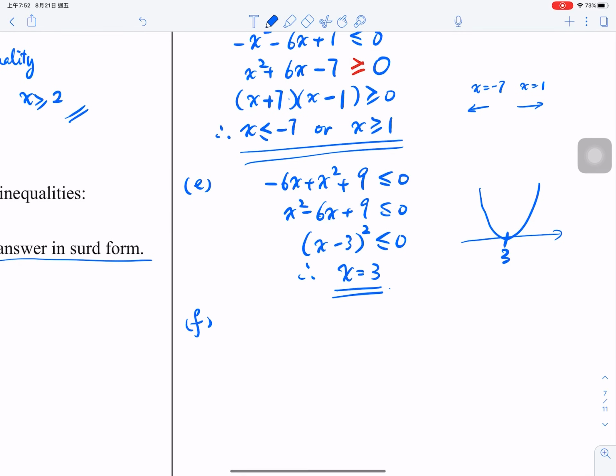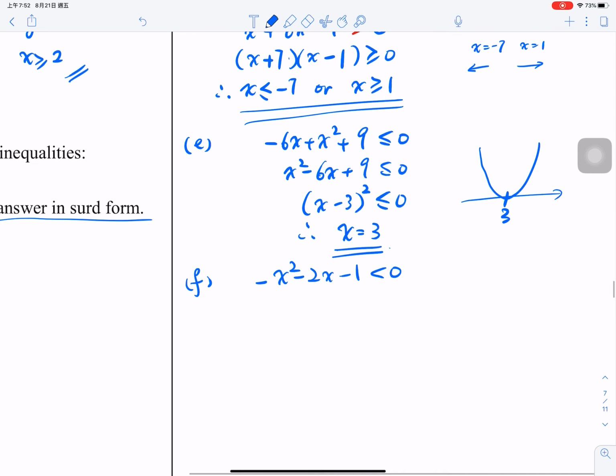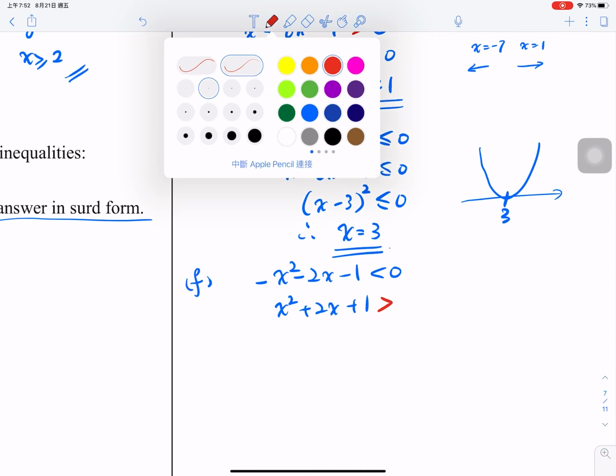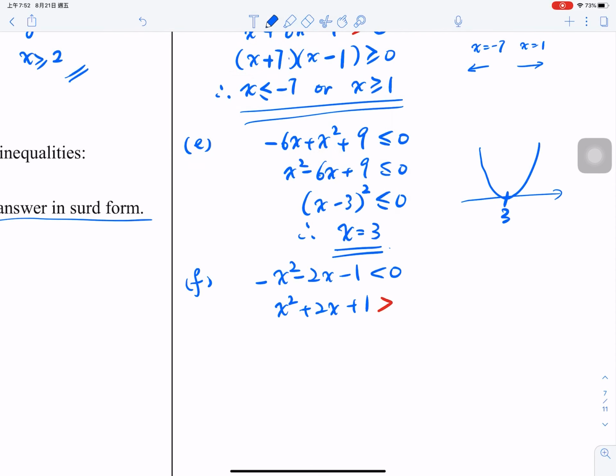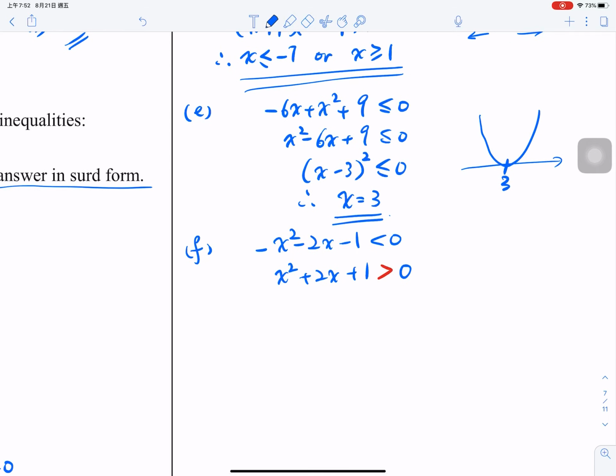Clear? Okay, last one. F. Negative x squared minus 2x minus 1 smaller than 0. Yeah, rewrite it. Correct. x squared plus 2x plus 1 greater than 0. Again, to remind you, I use the red color. Change the sign of inequalities.